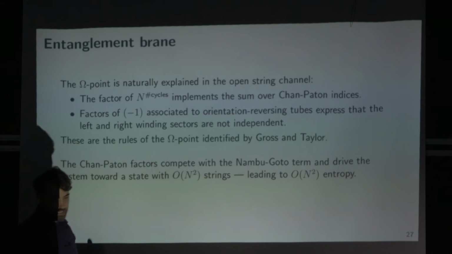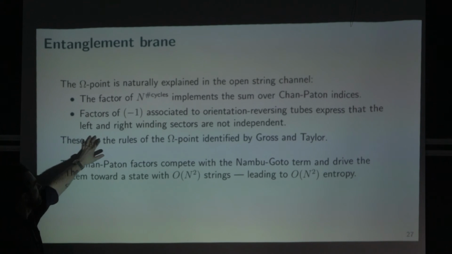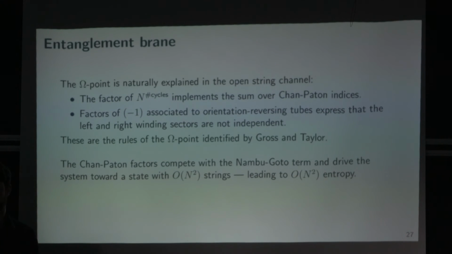This factor of -1, where you had two strings coming with opposite orientations, in fact winds up expressing the non-independence of the left and right moving sectors. What it winds up being is this identity that u u dagger equals 1. And so from the statistics of open strings, of bosonic open strings, you derive the rules of the omega point. Okay. Good. And now your question.